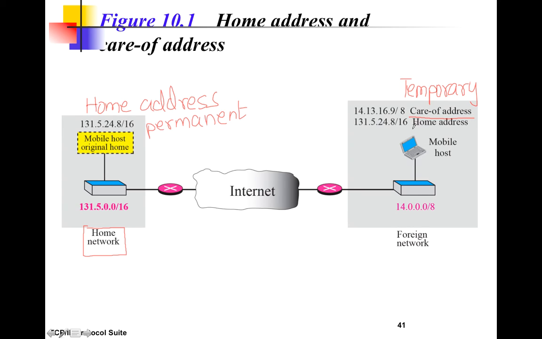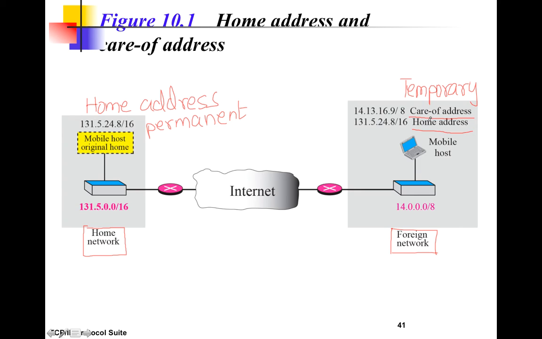The mobile host will still have its home address with it, but it will also be given a temporary address to belong to the new network, which is called the care of address. And this network that the mobile moves to temporarily is called the foreign network.